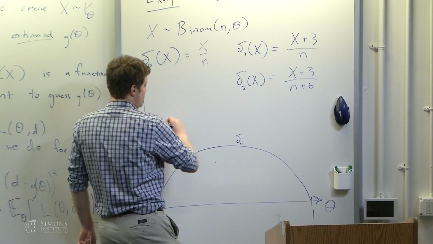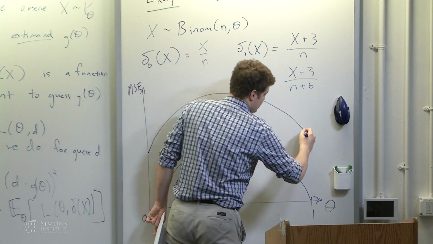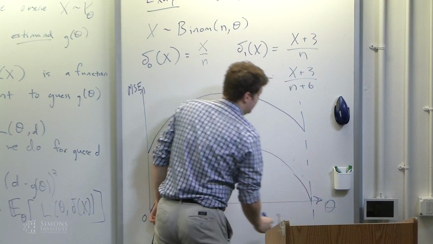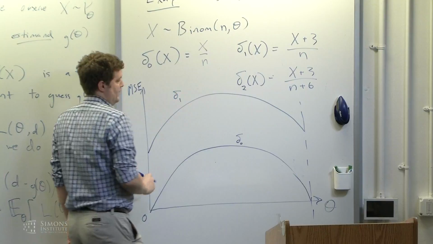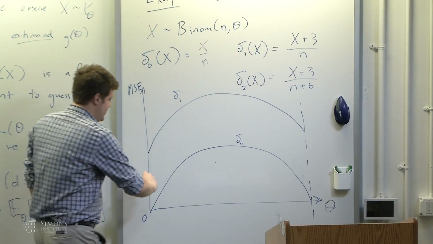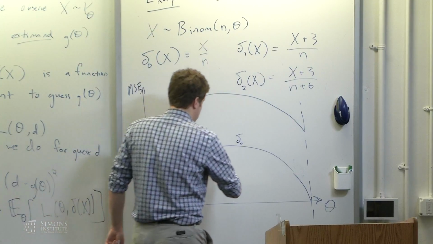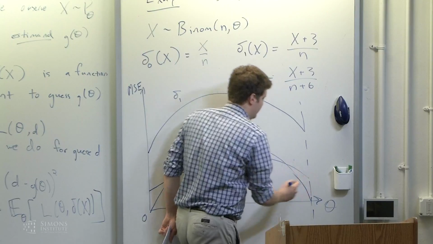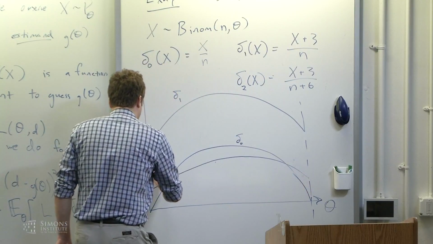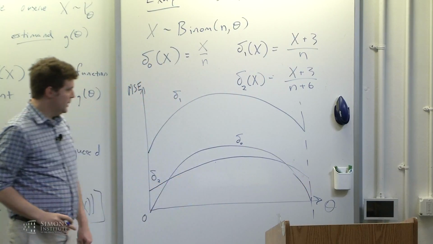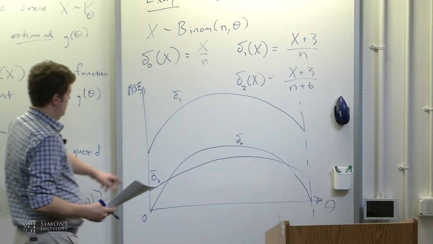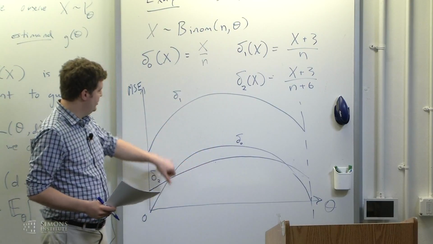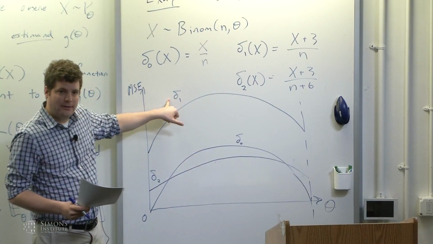For delta 1, it actually looks like delta 0, but it happens to be shifted up. That's not so great. And for delta 2, it's flatter than delta 1. A couple of things to point out about these functions. Delta 0 and delta 2 are definitely better than delta 1.